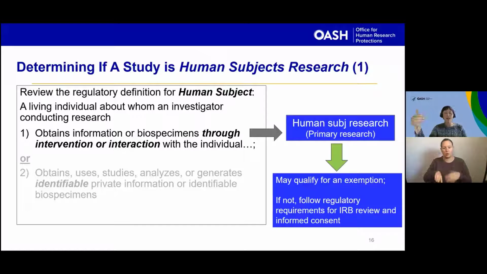If it does not, then it will simply be a straightforward case of non-exempt human subjects research. And if you remember what we said earlier, that means it comes under the scope of the Common Rule regulatory requirements. Generally that would mean a more formal process of IRB review, and that informed consent will be required and all the rest of it. All right.